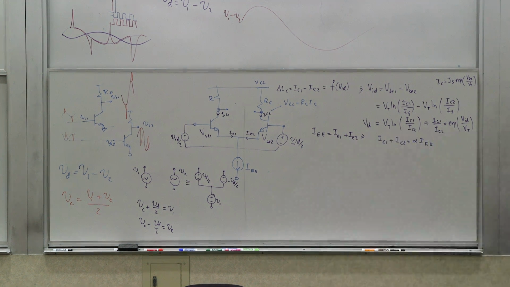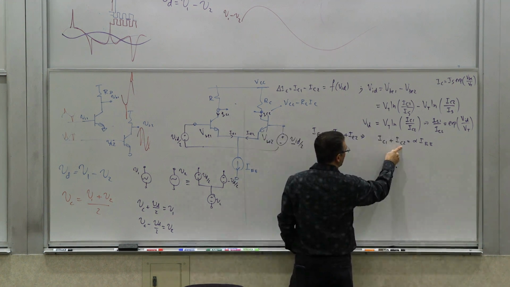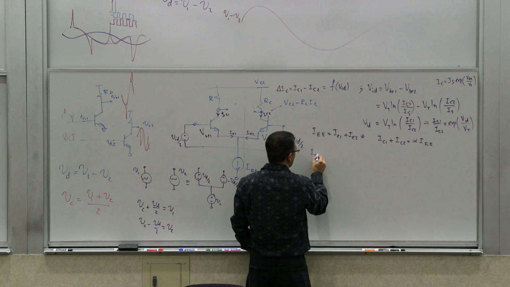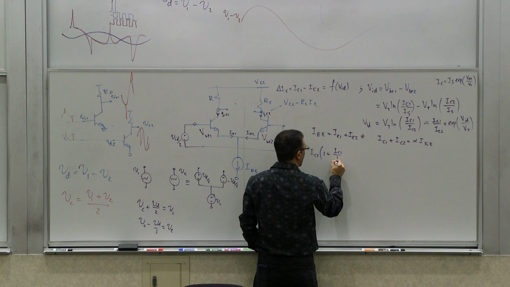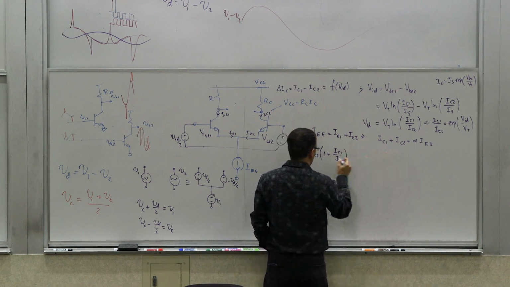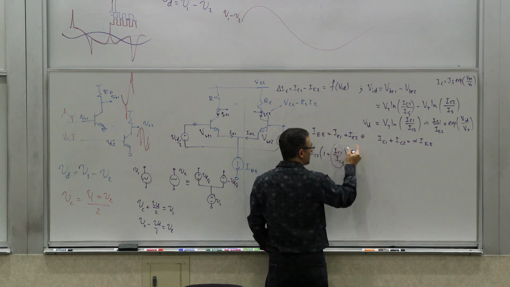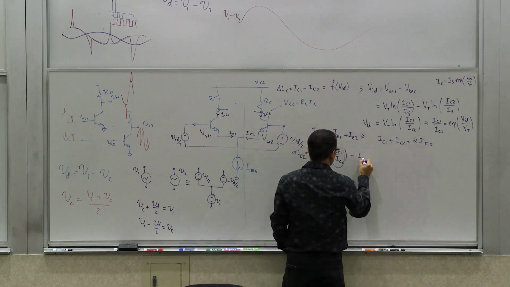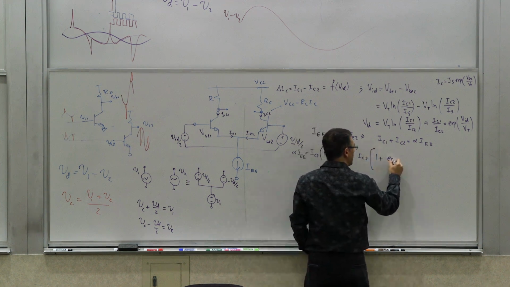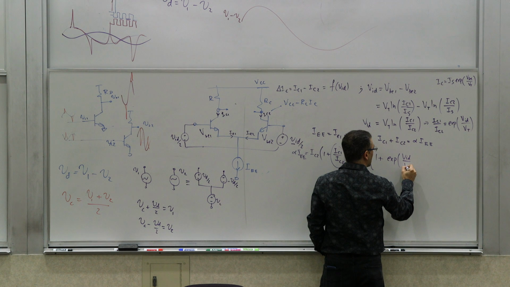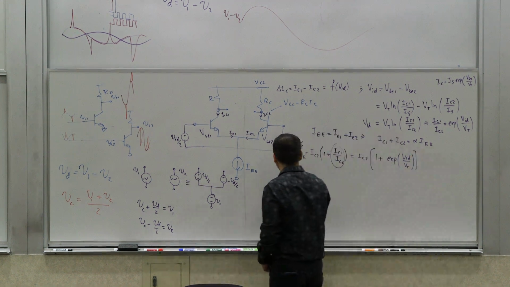So you can actually find what IC1 and IC2 are in terms of VID. So for example, if I factor IC2 from this thing, so I get IC2 times 1 plus IC1 over IC2, right? And I know this is alpha IEE, and this term, we already know it's exponential, so it becomes IC2 times 1 plus the exponential e to the VID over VT. So from this, we can calculate IC1 and IC2.